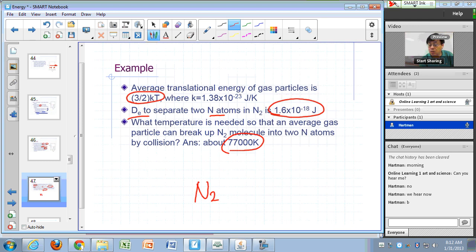Nitrogen atoms, as they exist in nature, come in pairs, so they're called diatomic molecules. That's 80% of the air that you breathe, N2 molecules, diatomic nitrogen molecules.